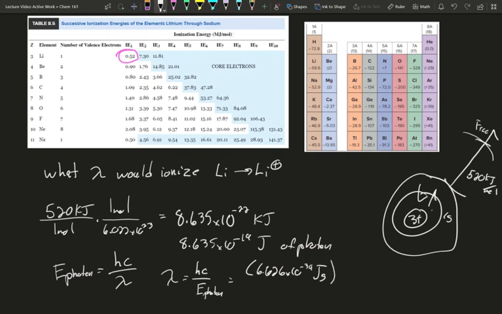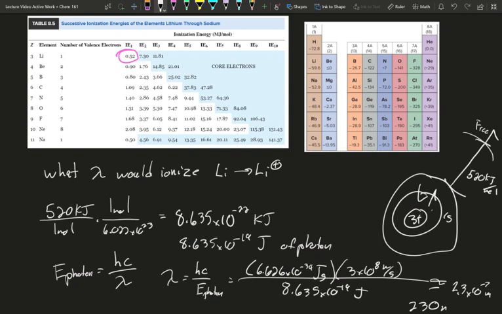So we needed it in joules. Speed of light, 3 times 10 to the 8 meters per second. And our energy, 8.635 times 10 to the minus 19 joules. That gives 2.3 times 10 to the negative 7 meters, or 230 nanometers.